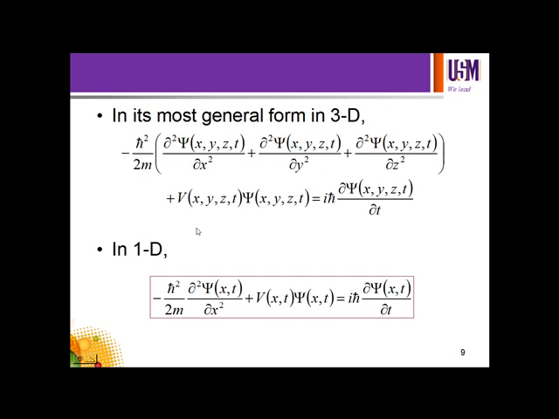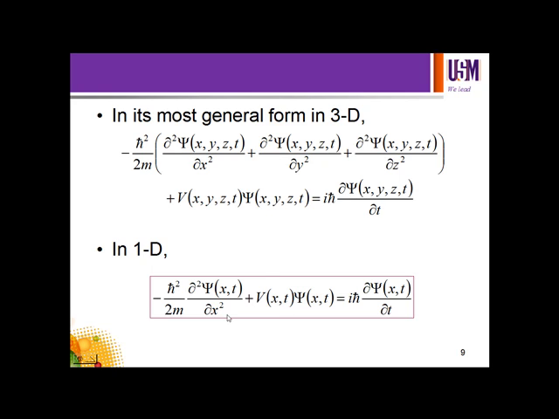In its most general form in 3D, of course you have x, y, z and time. So you expand this into the different components, delta x squared, delta y squared, delta z squared, and also the V there, everything in 3 dimensions, in addition to time t. In 1D, it's a little bit simpler because we have only x.